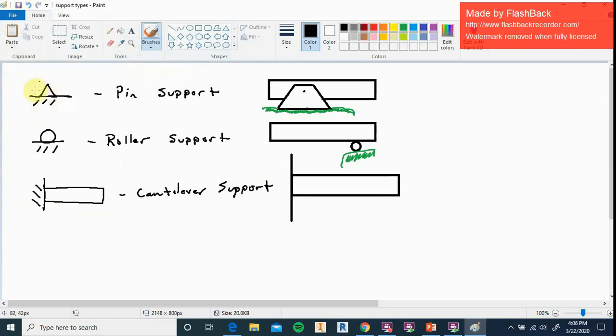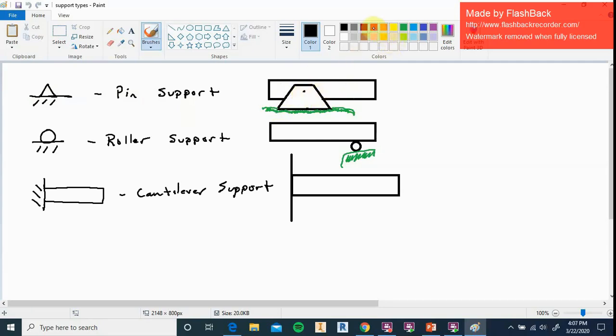A pin support is signified by this little triangle, and then it has a base, and you can see that it's anchored to the ground with these little slanted lines here. So that's what we refer to as a pin support. And this is a type of support that's used in making bridges or different structures. Essentially what this looks like in the real world is here would be my beam, and then here we would have a metal plate, and then this would be a little bolt that goes through.